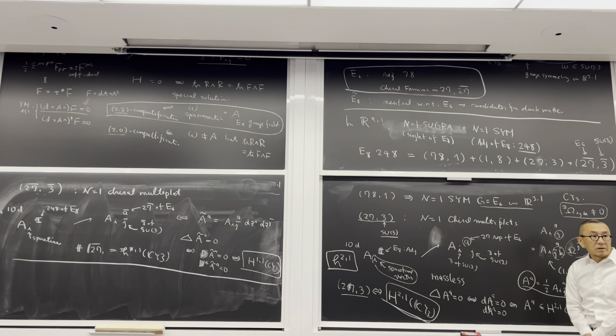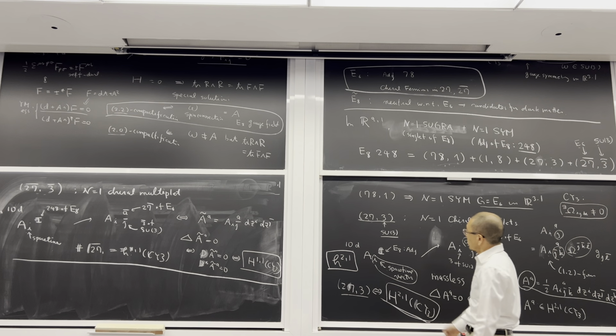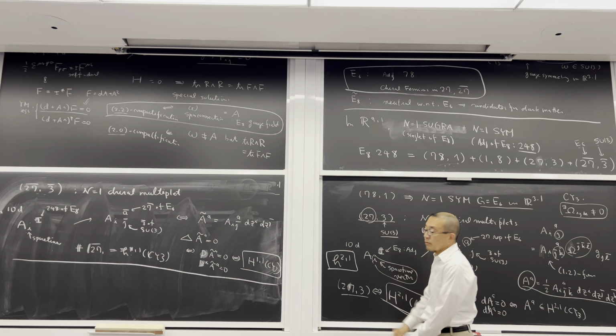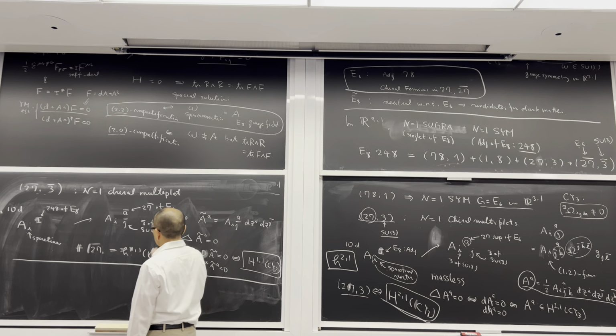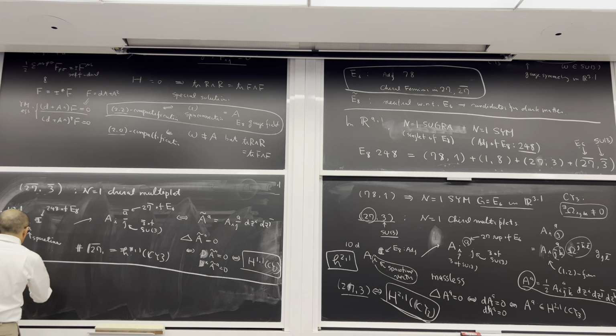the E6 gauge field. And then you can ask how many matter contents are there. There are particles transforming in 27, and there are particles transforming in 27 bar. The number of particles transforming in 27 is H21, and the number transforming in 27 bar is H11.